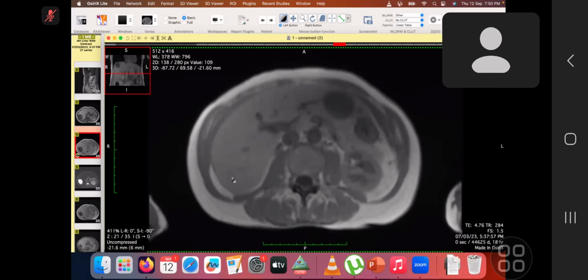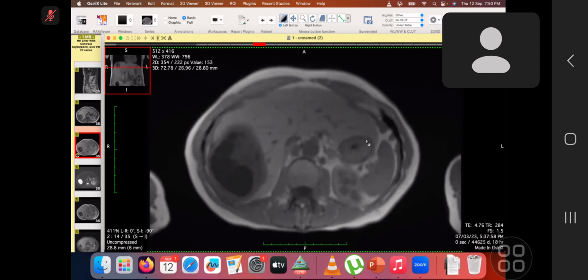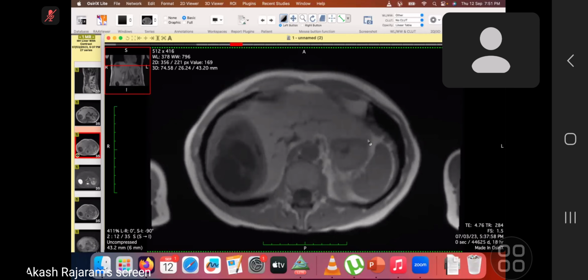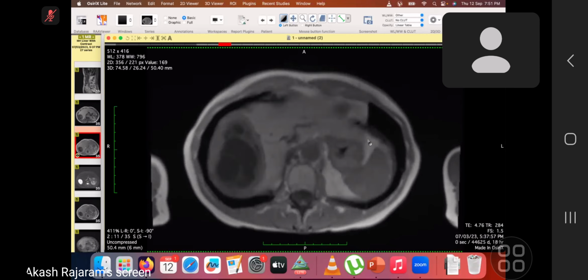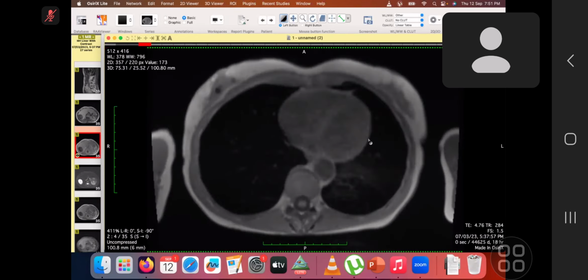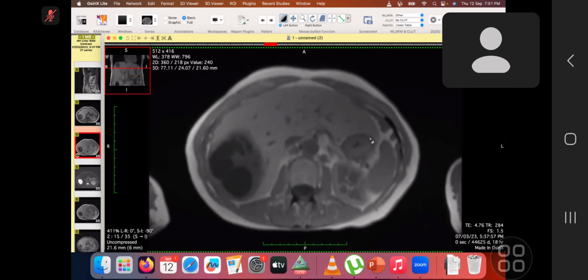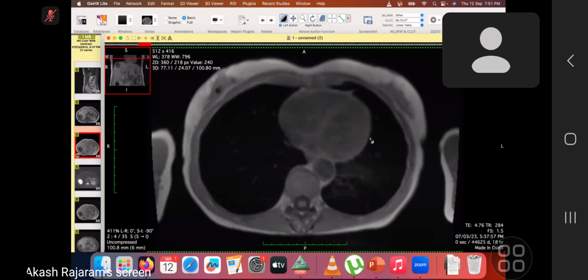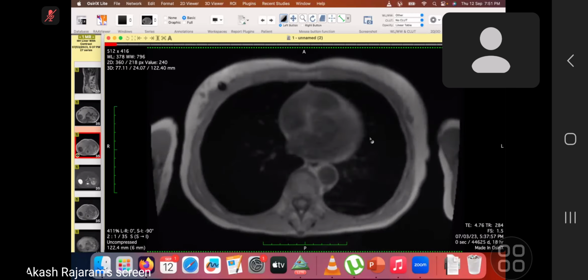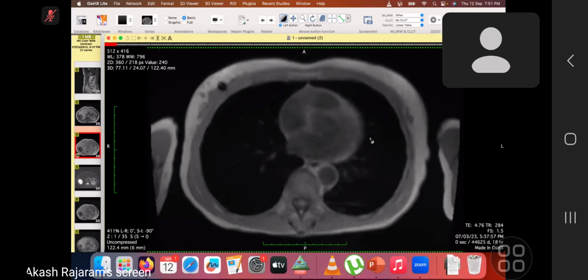This appears as a T1 low intense lesion with internal septi, and besides there are some T1 hyperintense foci in the region of the right chest wall.